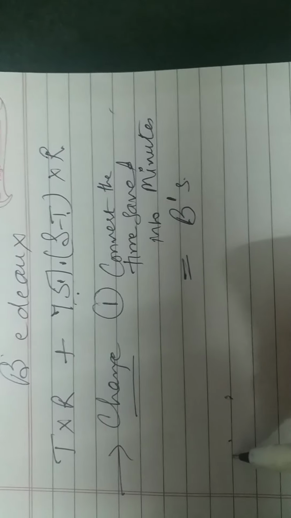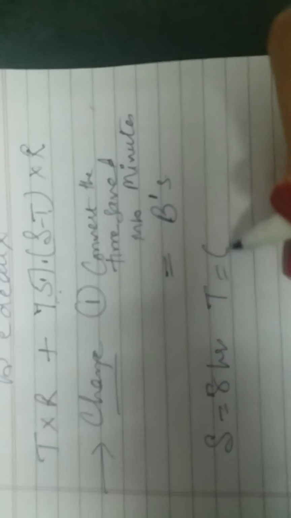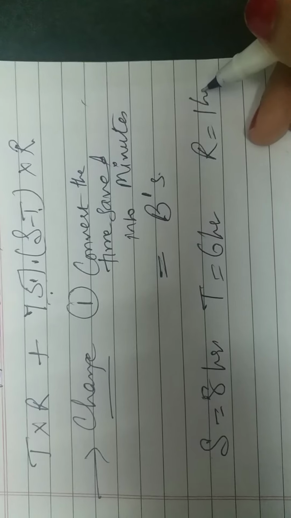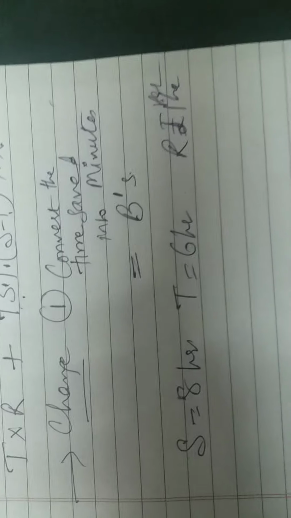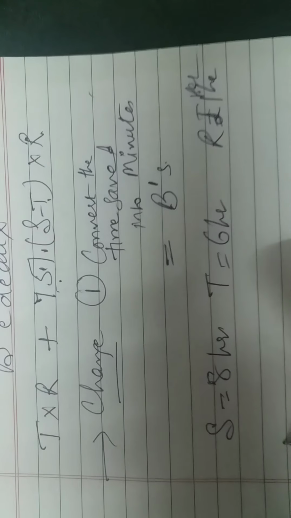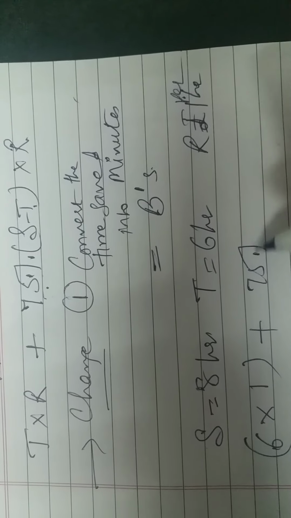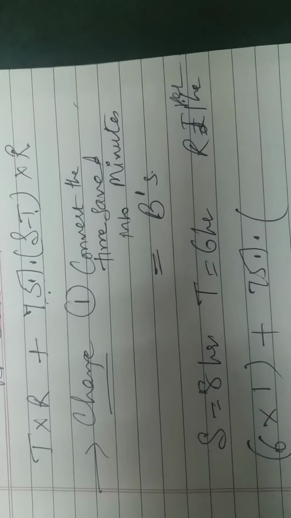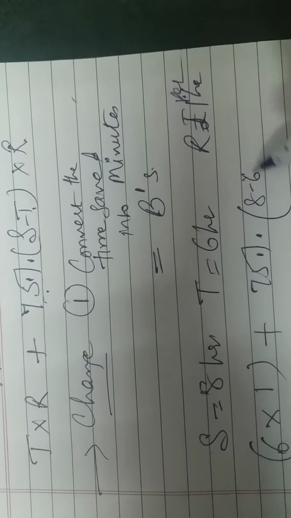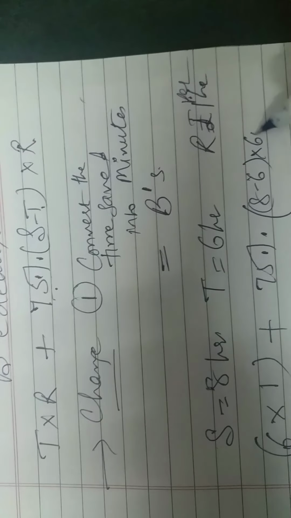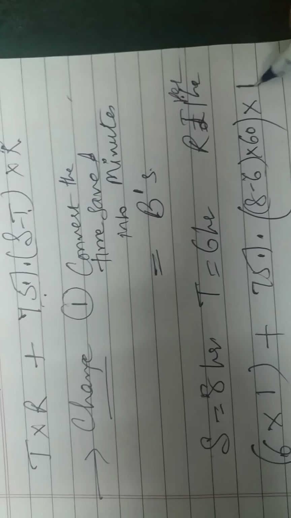So now the formula, if I take the same question, standard time 8, time taken 6 hours, and rate is 1 rupee per hour. The wages are going to be 6 into 1 plus 75% of the time saved converted into minutes, into rate per hour.